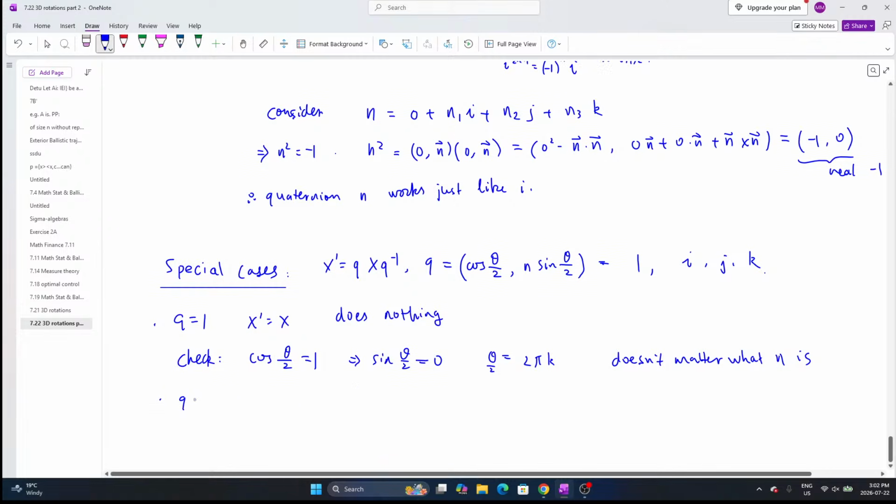Now let's say Q equals i. What does that mean? We can write it in vector form: it's 0 and the vector 1, 0, 0, or you can write it as E1.